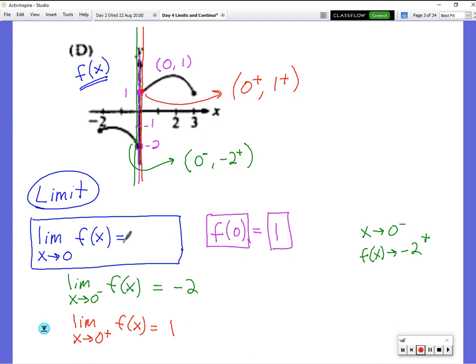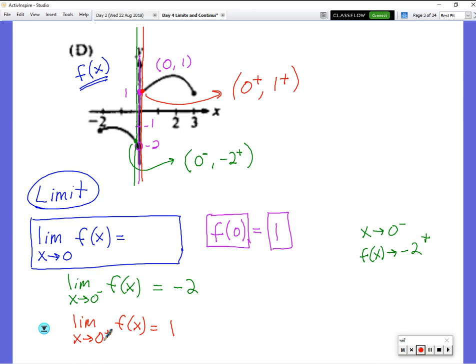Once I found the answer, this is called the left-hand limit. This is called the right-hand limit. It comes from the fact that 0 negative is on the left side of 0. 0 positive is on the right side of 0. So once I have these two, I look at them and I make the following conclusion.